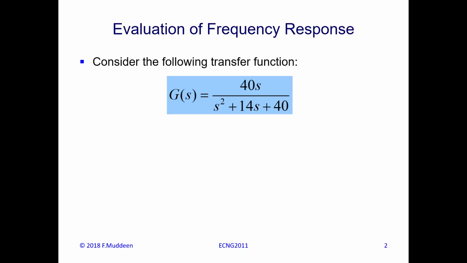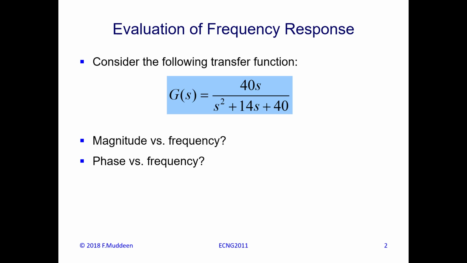So if we consider this following transfer function here in the Laplace domain, it is similar to that of a second order transfer function that we have seen in previous lectures. Now, the question arises: how do we obtain the magnitude versus the frequency and the phase versus the frequency of our example equation here, which is also referred to as our example system?